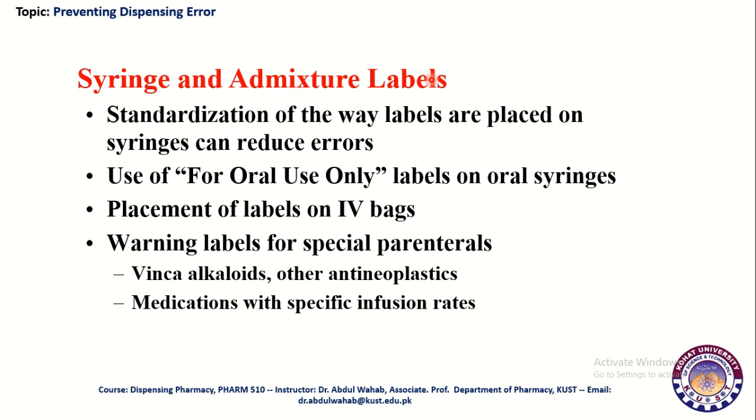Syringes and admixture labels. Standardization of the way labels are placed on syringes can reduce errors. Similarly, use for oral use only labels on oral syringes. Placement of labels on intravenous bags, warning labels for special parenterals, Vinca alkaloids, other anti-neoplastics, medications with specific infusion rates.